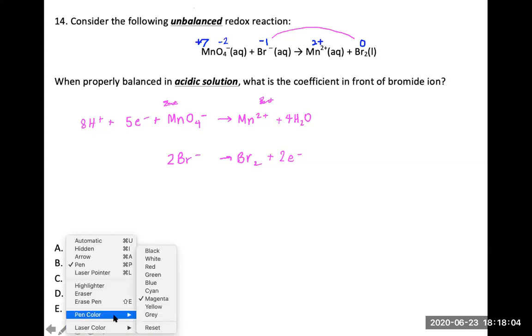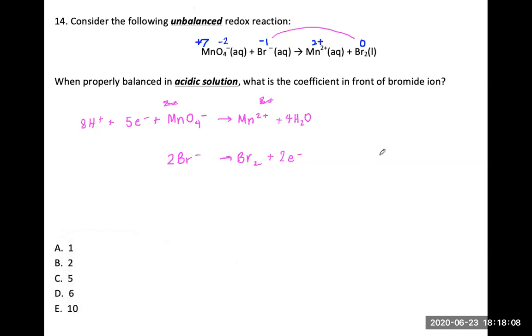So our goal is to eventually combine our 2 half reactions into 1 overall reaction. But in order to do that, we need to make sure the electrons cancel out. There's no way for us to just scoop electrons into a reaction. So we can see here they don't match, right? 5 and 2, not the same. And there's no good way really to multiply one of the reactions to make 5 or to divide to make 2.